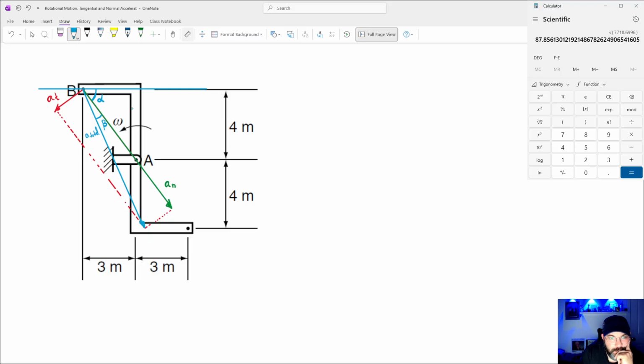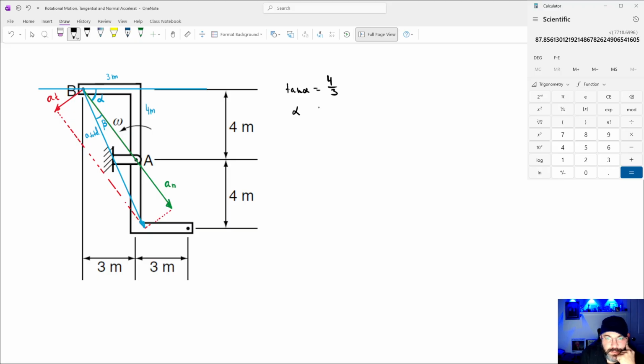Okay, so alpha, this is 4 meters, right? And this is 3 meters. We can calculate the tangent of this angle alpha, and the tangent of this angle alpha is 4 divided by 3, right? So 4 divided by 3.